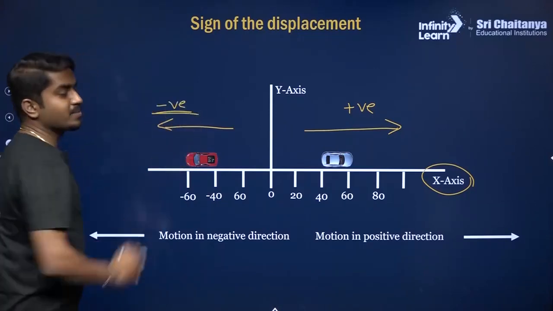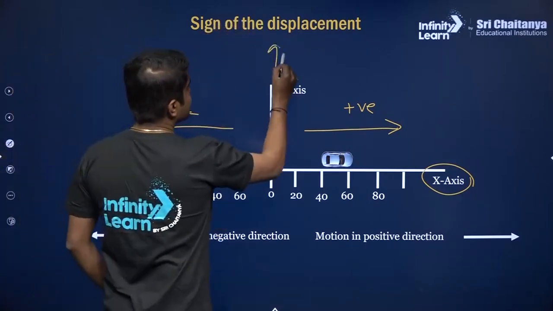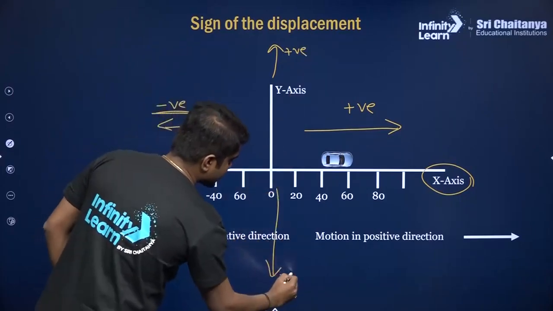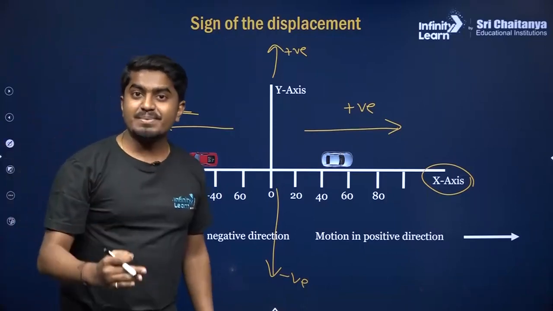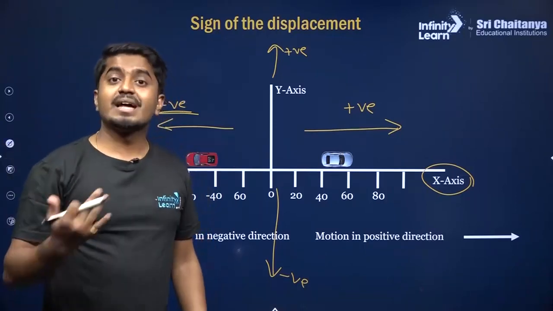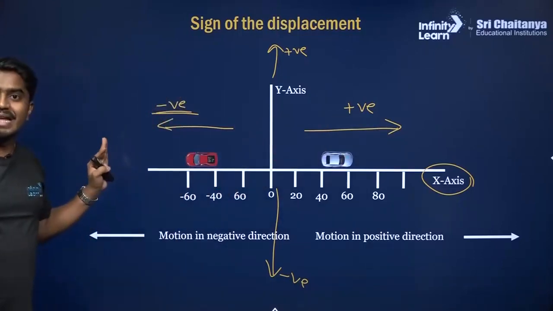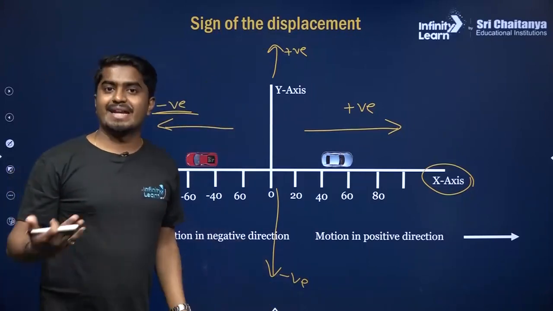This is a negative displacement. If it is going upwards, this is positive. If it is going downwards, this is negative. So in this way, the displacement can be positive or negative. Going towards right, positive. Going towards left, negative. Going up, positive. Coming down, negative.